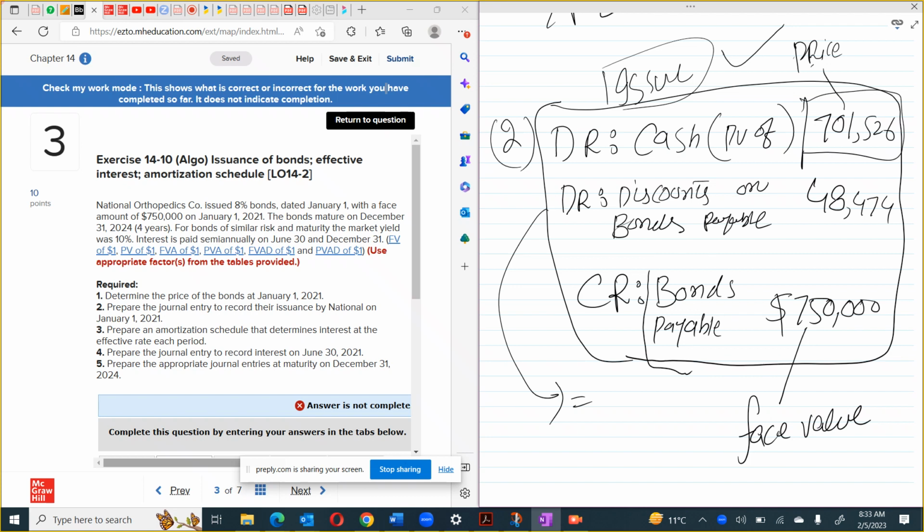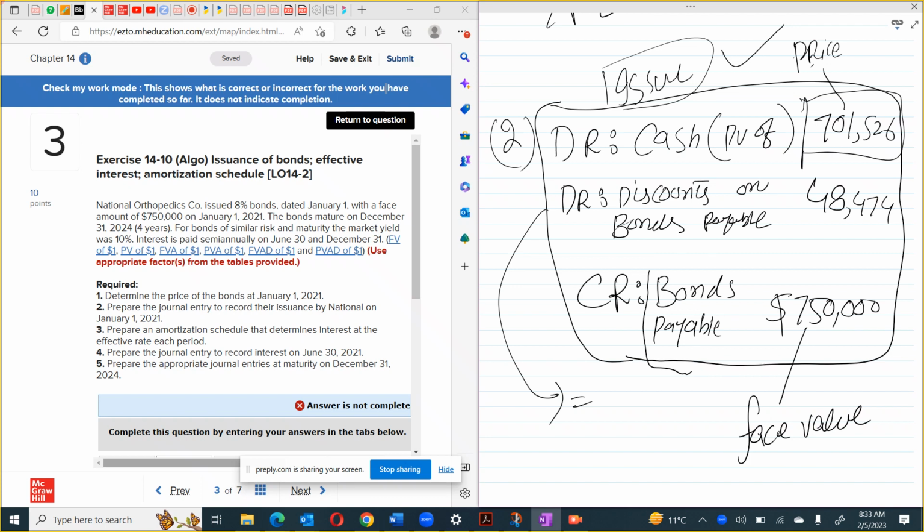So first of all, you will calculate the price. How will you calculate the price? You need two things: present value of principal and present value of interest. Which rate will you use? Very important. You will use the market yield. Repeat with me: market yield, market yield, market yield for the calculation of present values.